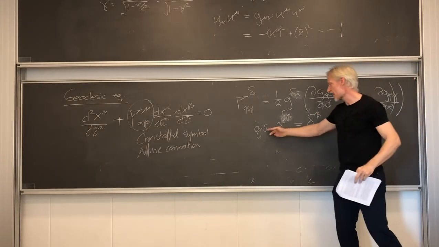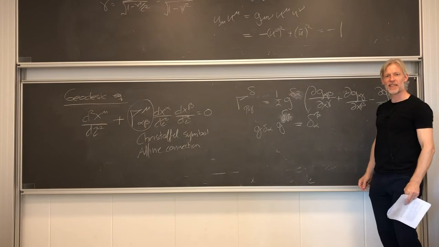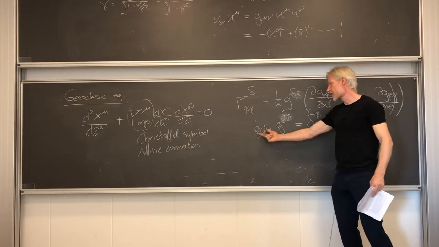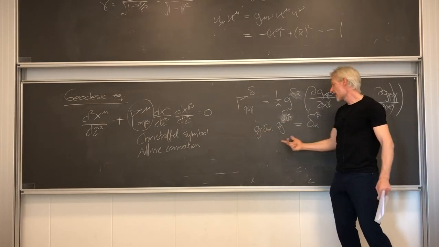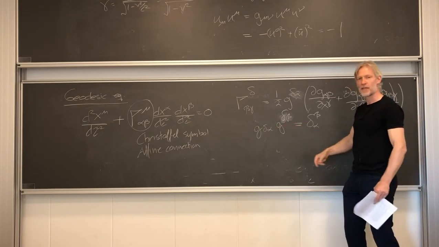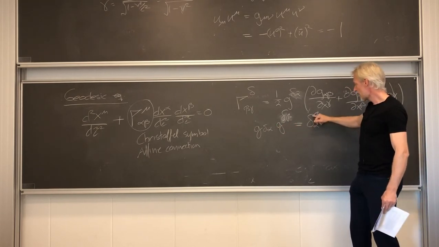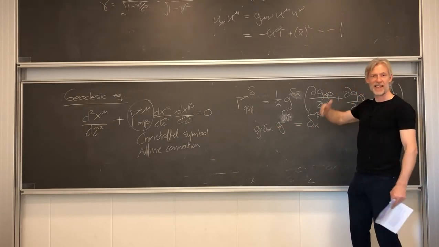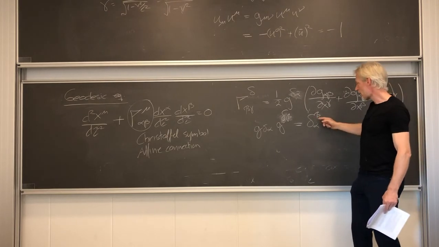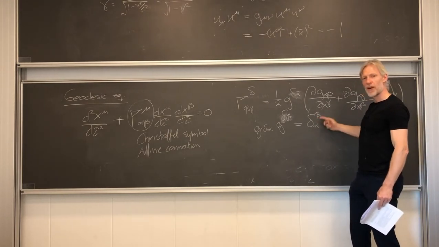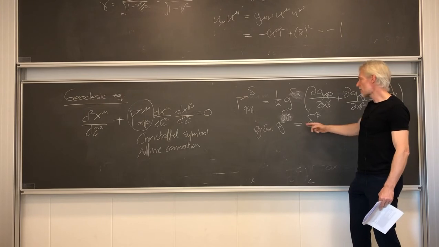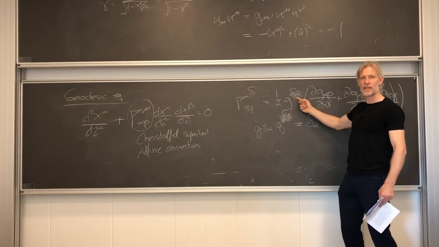So I do one contraction over delta. It's basically just saying in matrix language, this is the inverse matrix of that one. And what I get out, of course, if I multiply a matrix and its inverse, is just that I get the identity matrix out. So I get a 1 if beta is equal to alpha, otherwise I get a 0, right? So this is the inverse metric.